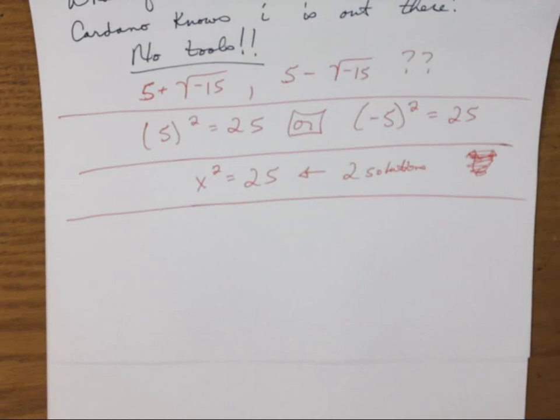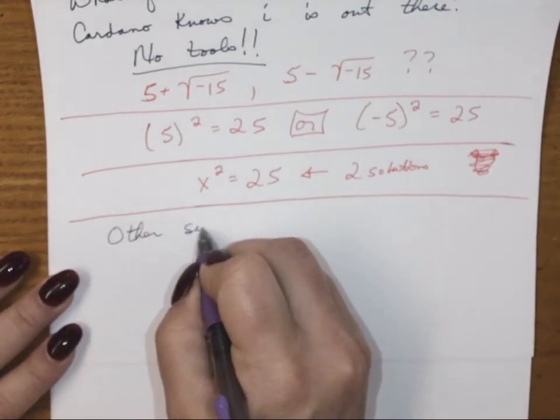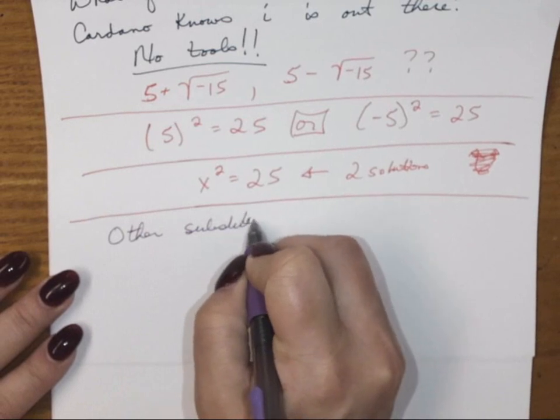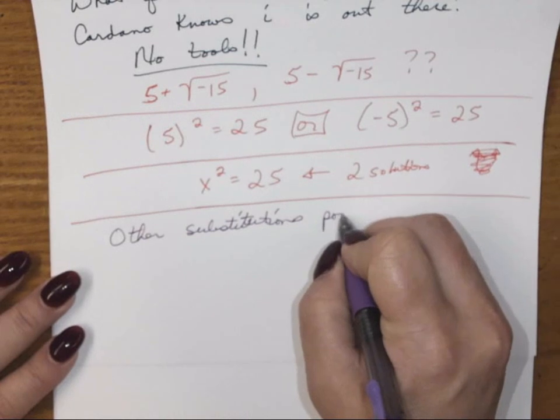I don't think this is in the book, but it may be. There's another process. There are other substitutions that could happen, okay? And he saw that.